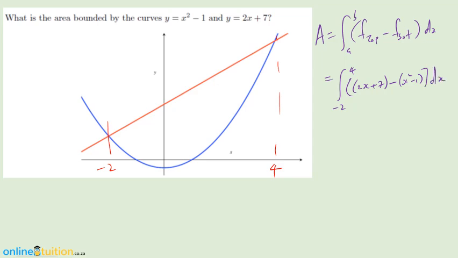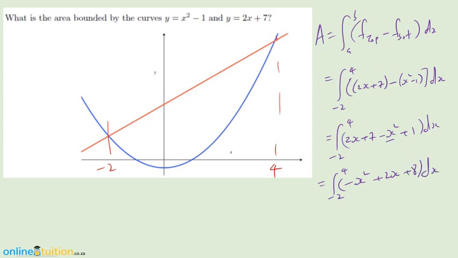Okay. And just simplify the inside and integrate. So we still have 2x plus 7 minus x squared plus 1 dx. A little more simplification, you don't really have to. I'll bring the minus x squared there as a leading term. Then the 2x is there, and 7 and 1 is 8 dx. And now start integrating. So the integral of minus x squared is minus x cubed over 3.